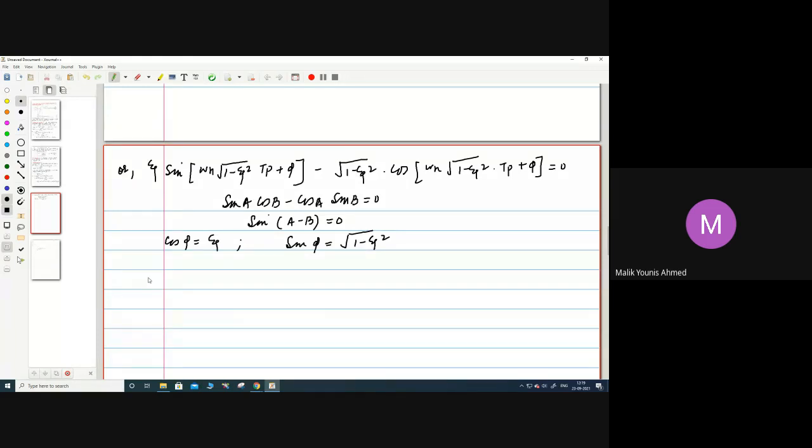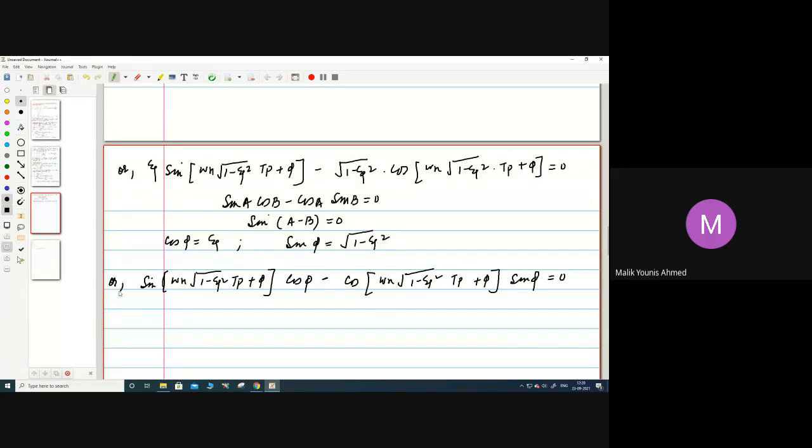So we will get sine A, that is omega n under root of 1 minus xi square Tp plus phi. This is sine A. And then instead of xi, I will write cos phi, minus cos A. Cos A is omega n under root of 1 minus xi square into Tp plus phi, times sine phi, which is sine B, equal to 0.